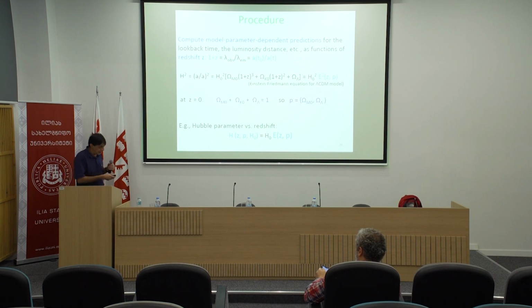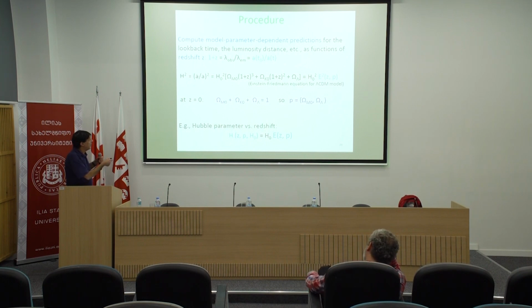We can do this in the lambda CDM model, for instance. So instead of using scale factors, astronomers prefer using the redshift, z, which is related to the scale factor at the present time, the subscript 0 is always the present time, to the scale factor at the time when that light was emitted.